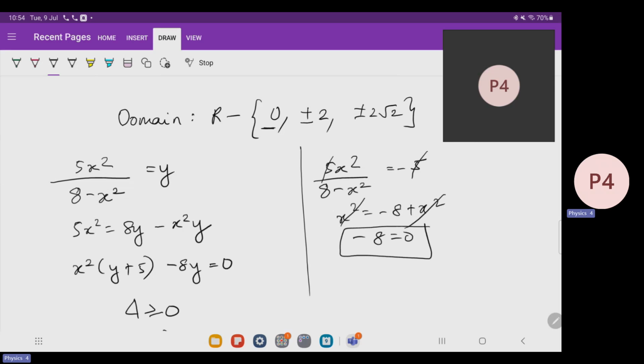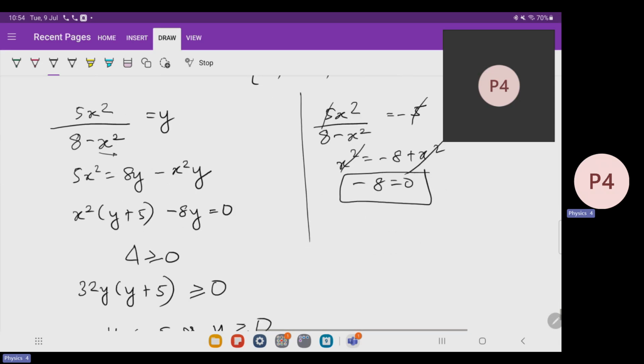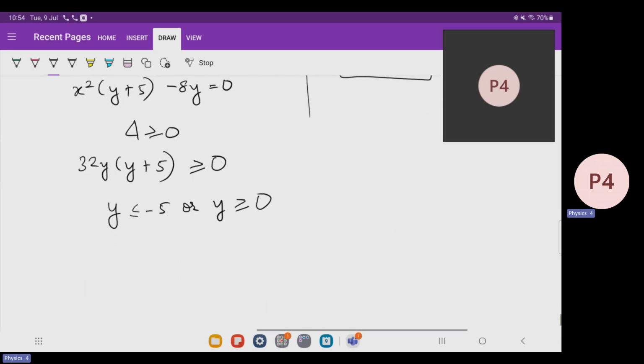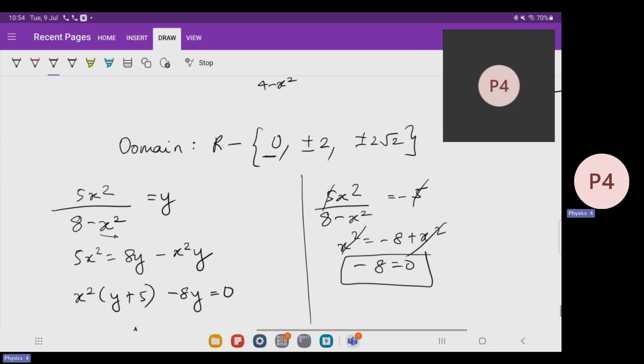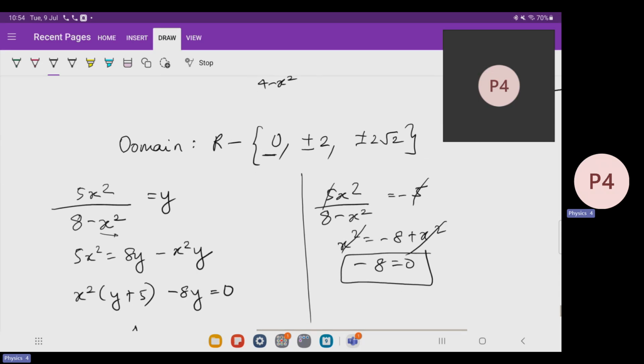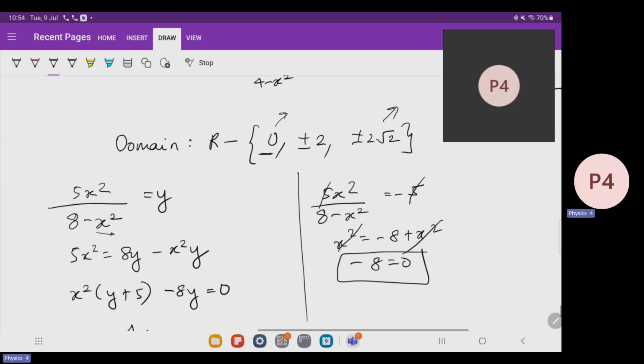In fact, this function approaches minus 5 as x approaches 2 root 2, that is when the denominator approaches infinity. So minus 5 and 0 cannot be the output. 0 was corresponding to x equal to 0. Minus 5 was corresponding to x is plus or minus 2 root 2.